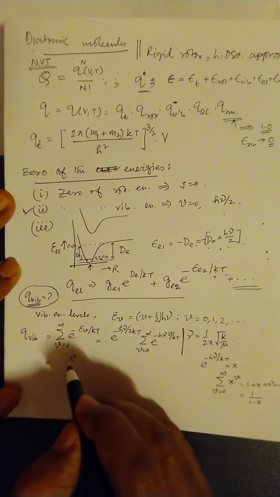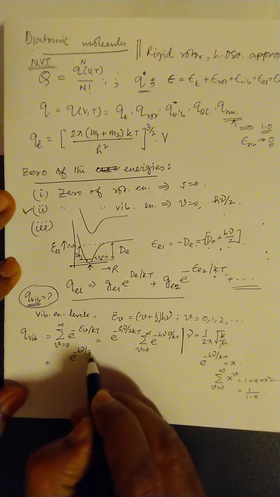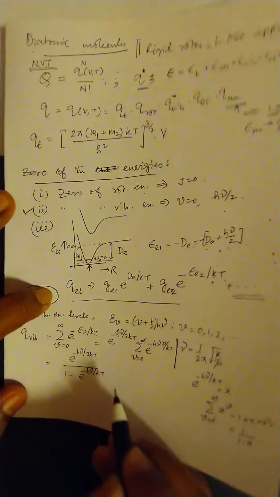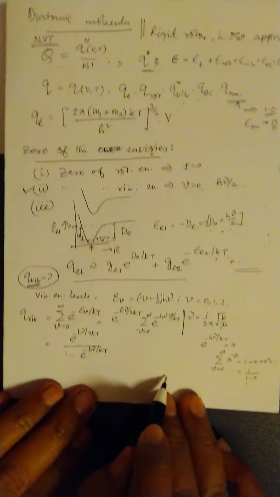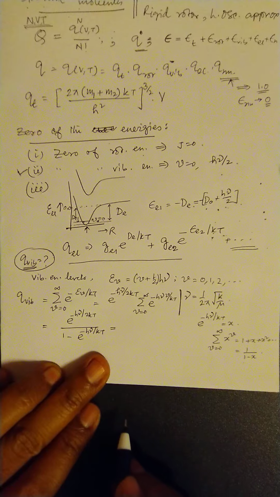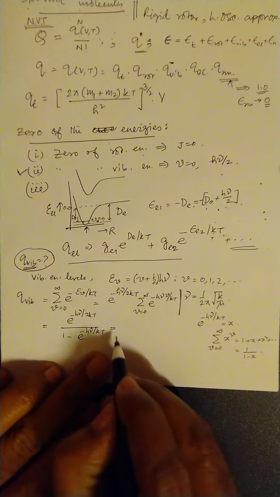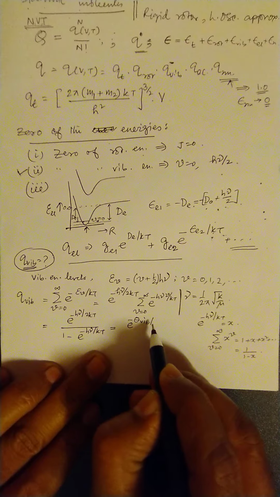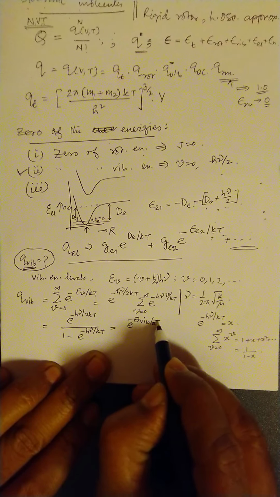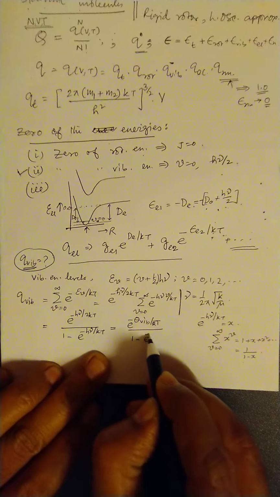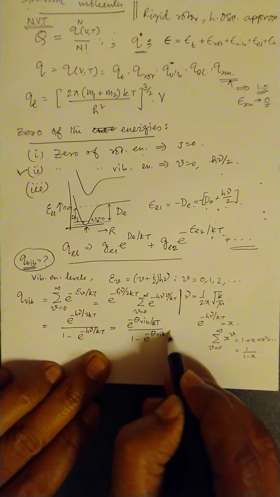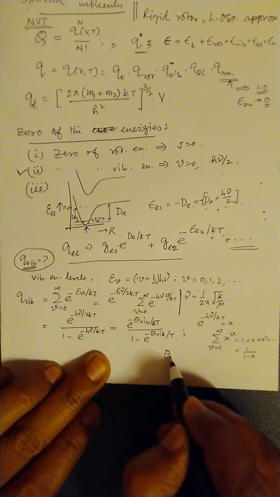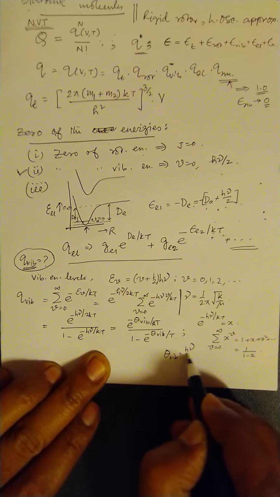So this expression eventually comes as e to the power minus h nu by 2kT divided by 1 minus e to the power minus h nu by kT, and that can be written in terms of another parameter: e to the power minus theta vibrational by 2T, divided by 1 minus e to the power minus theta vibrational by T, where theta vibrational equals h nu by k.